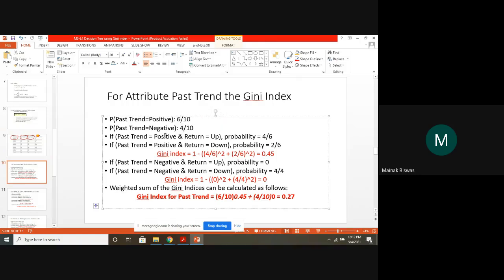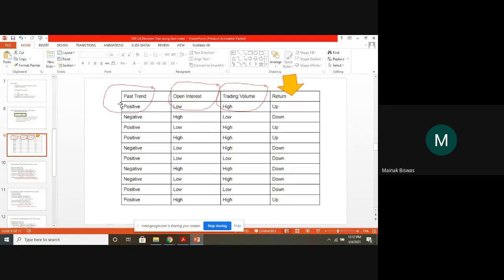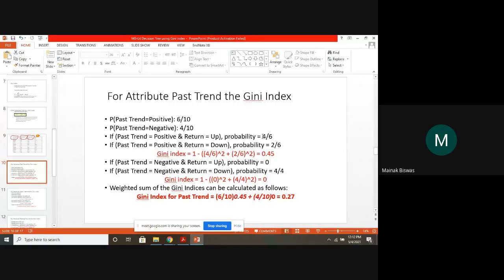If the past trend is positive and the return is up, the probability is 4 by 6. If the past trend is positive and the return is down, the probability is 2 by 6. So the Gini index is found this way: 1 minus (4 by 6) whole squared plus (2 by 6) whole squared. So this is around 0.45.